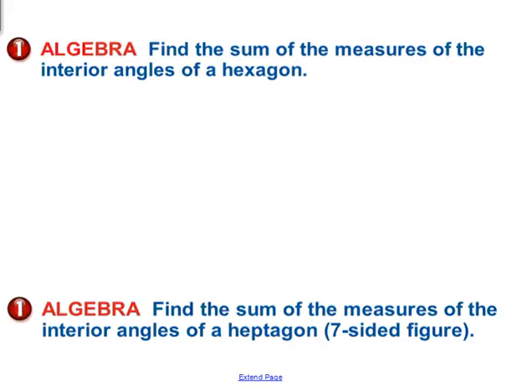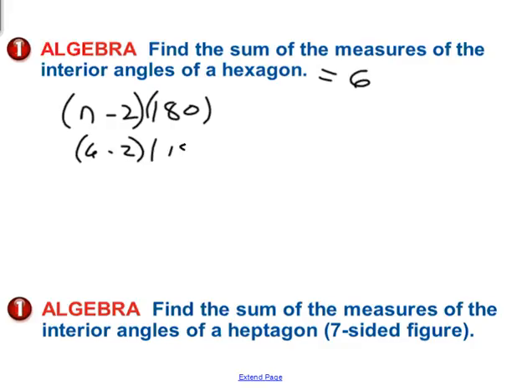Find the sum of the measures of the interior angles of a hexagon. Well, a hexagon has 6 sides. So I go to my equation, which was n minus 2 times 180, which will give me the sum of the interior angles of the hexagon. So 6 minus 2 times 180 is 4 times 180.